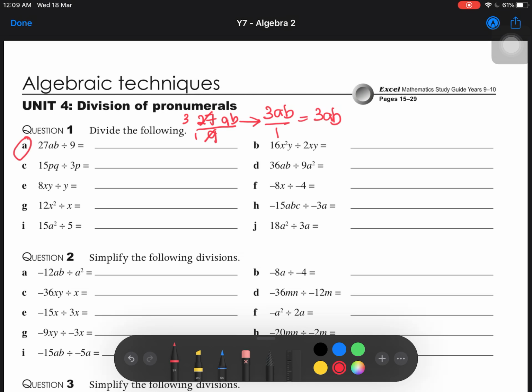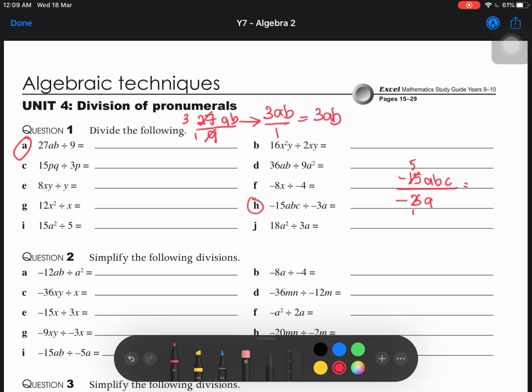So if, for example, you look at question H, I'm going to use a little space over here. If you write it in fraction, it'll become negative 15ABC over negative 3A. So negative divided by negative, the answer is positive. 15 and 3 both are multiples of 3, so it becomes 1 and 5.